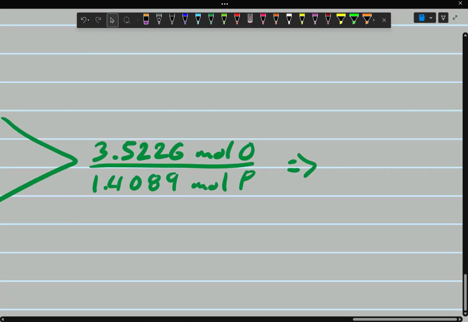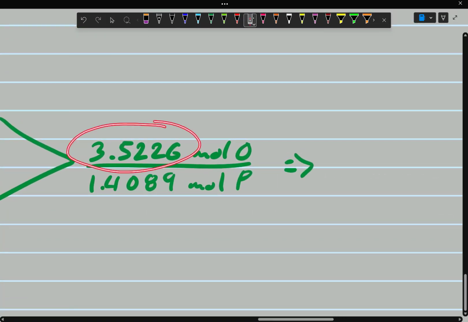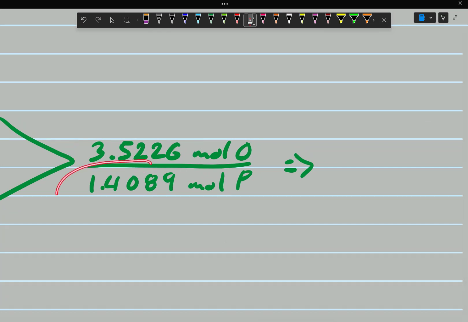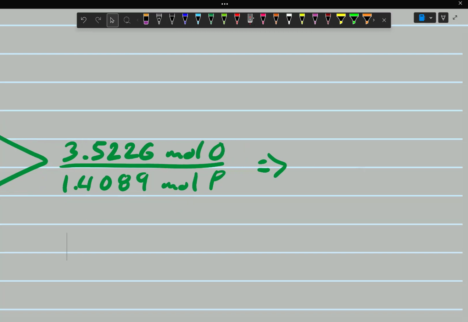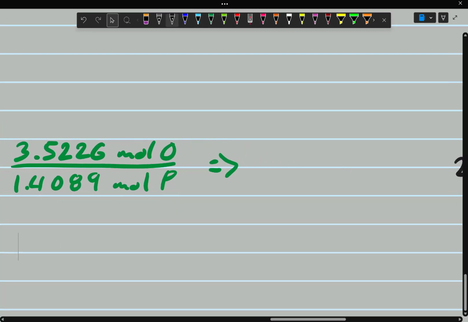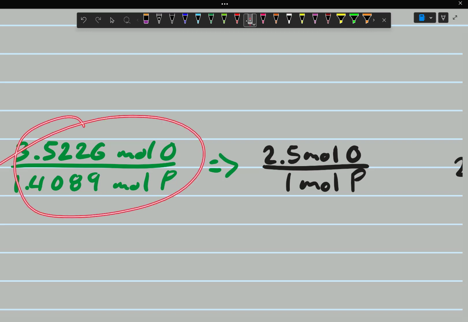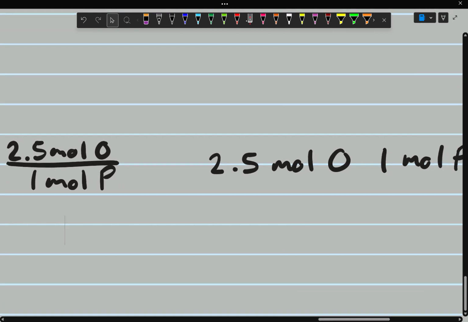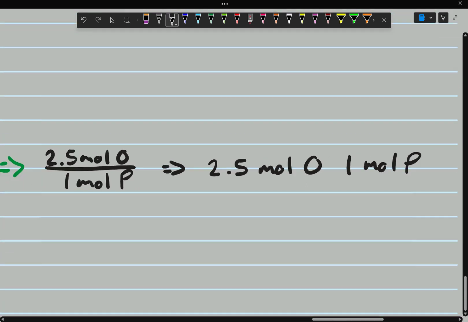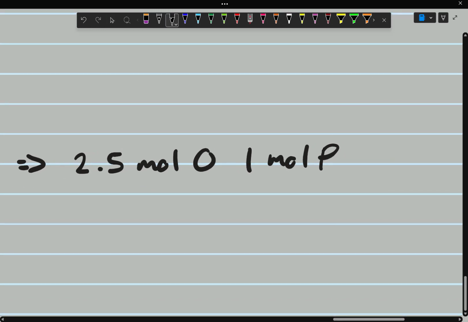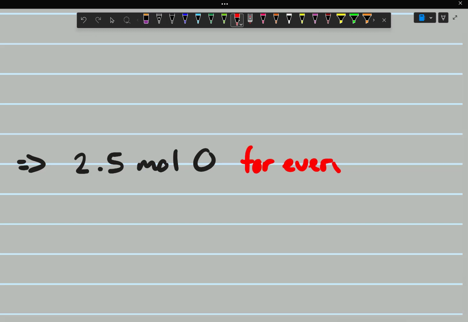Once again, if we divide 3.5226 moles of oxygen by 1.4089 moles of phosphorus, the simplified fraction is going to look like 2.5 moles oxygen over 1 mole phosphorus. So again, we're just simplifying this fraction, right? And the English translation of that would be, there are 2.5 moles of oxygen for every 1 mole of phosphorus.